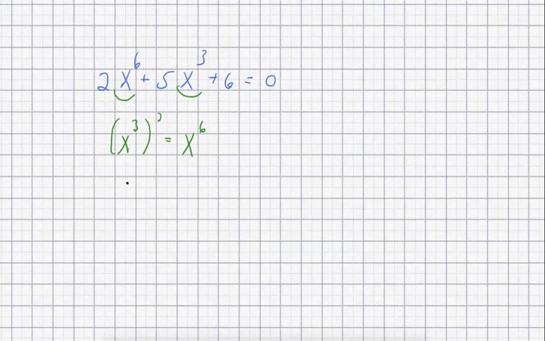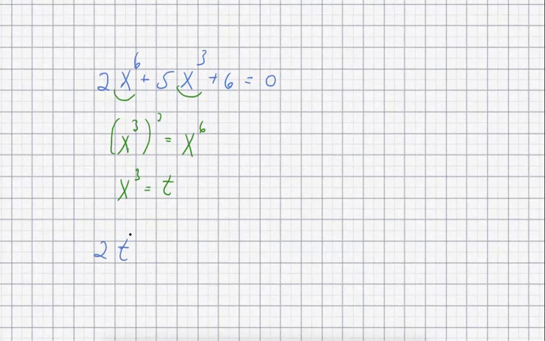Yeah. So if you do x to the power of 3 equals t, what can you do more? Let's say you replace x to the power of 3 with t. Then you get 2 times t squared.